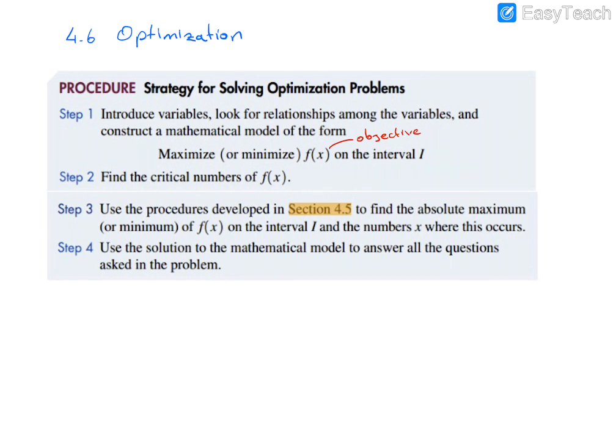This should be minimized or maximized on some interval. This interval is generally called a constraint.